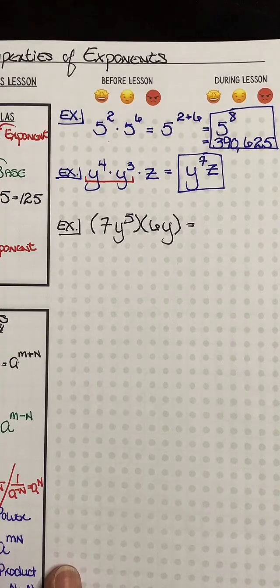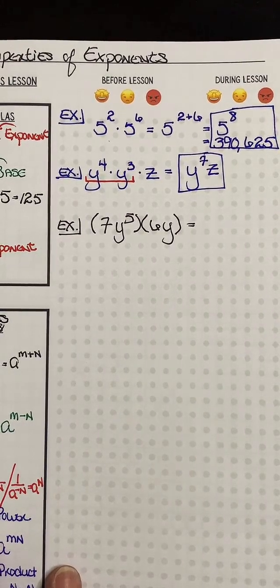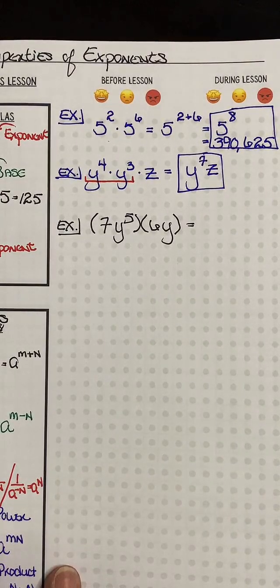Brenda is saying 42y to the 6th. Paul is saying 42y to the 6th. Others are saying 42y to the 5th. Big Al, thank you for your honesty.